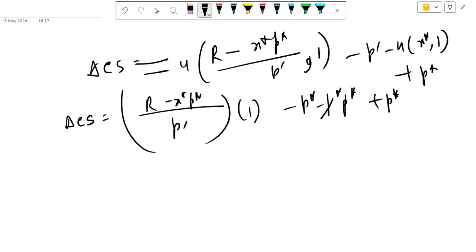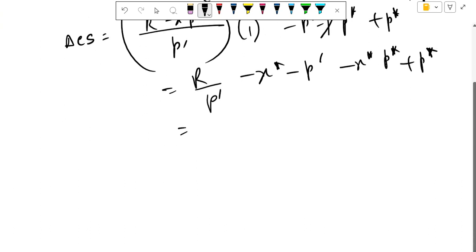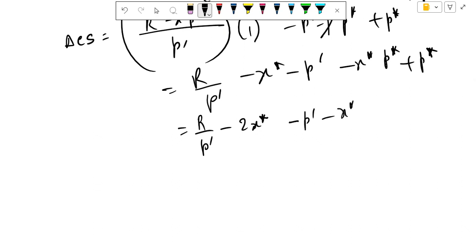So R, X, P, these two cancel out. So R by P dash, written separately. So this expression represents the increase in the consumer surplus resulting from the reduction of the entry fee. That's the first part done.